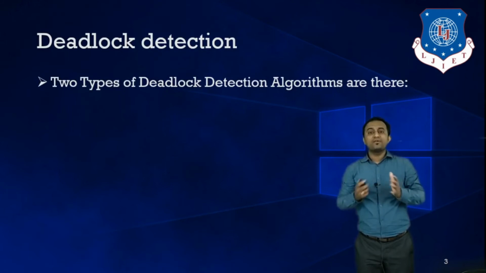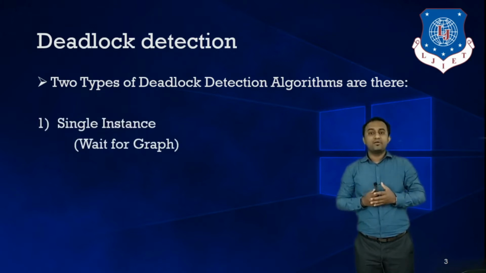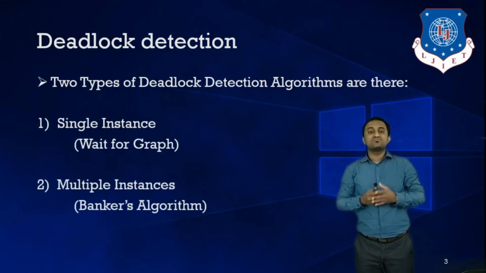There are two types of deadlock detection algorithms. One is the single instance deadlock detection algorithm, and the second one is the multiple instance deadlock detection algorithm. So what is single instance? If a system contains a single CPU, that type of system we can consider as a single instance system.